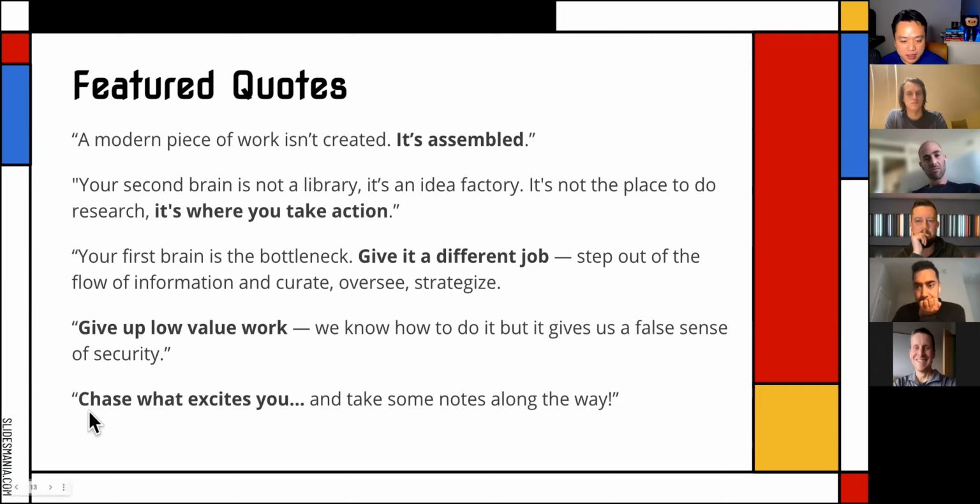And finally, the piece that we already talked about: chase what excites you and take some notes along the way. I think Tiago is very much promoting an inspiration-driven approach, where you live life more in the moment than others. He's had quite a few tweets.